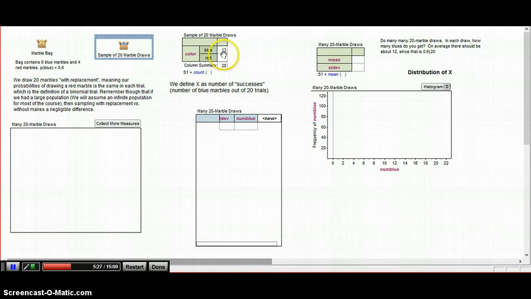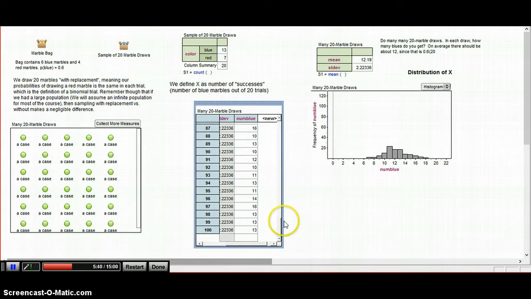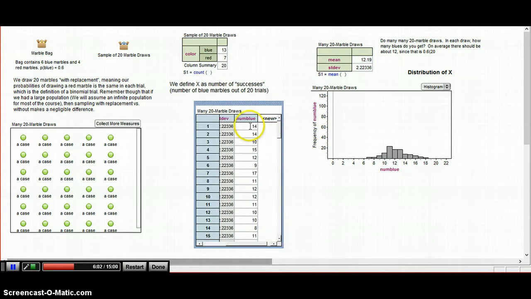Rather than repeating this one at a time, let's do this many times. I think we're doing 100. We're taking 100 samples of 20 marbles each, and recording each time how many of those 20 marbles are blue.